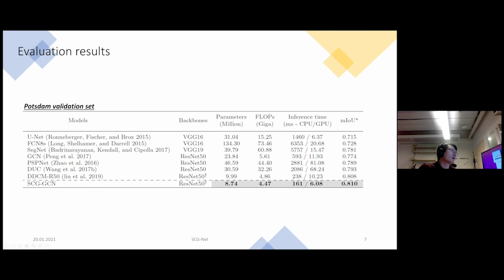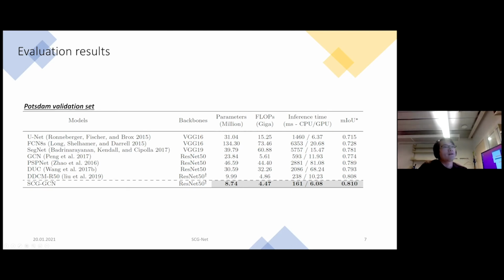We compared on the validation dataset with some popular convolution networks like UNet, FSIN, and SCG-Net, GCN, something like that. Here are some numbers about the parameter size and computational costs measured by FLOPs. And we also computed the inference time on both the GPU and CPU.